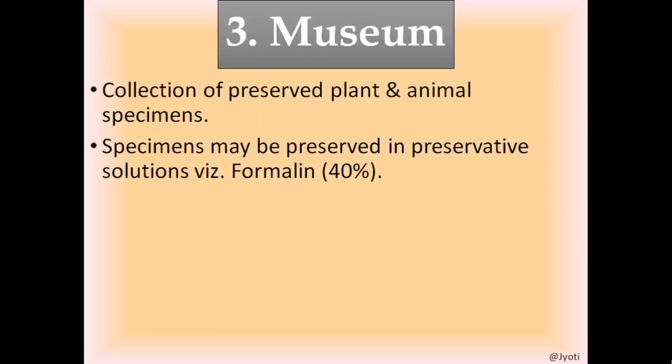Here, similarly, the dead animals are preserved, and dead plants are also sometimes preserved. So, how are they preserved? The preservative used is a solution that is 40% formalin. That is 40% formaldehyde, which is called formalin. Okay. So, in that formalin, the plant species and animal species are preserved.